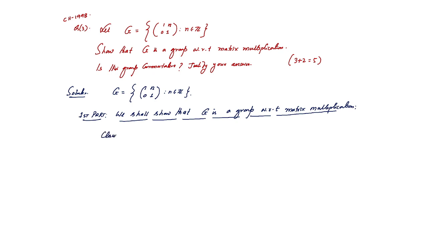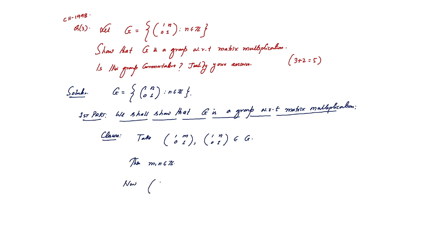So first we will come to the closure property. Take any two matrices, say [[1, m],[0, 1]], and we take another matrix [[1, n],[0, 1]], that belong to G. Then obviously m and n are both integers.